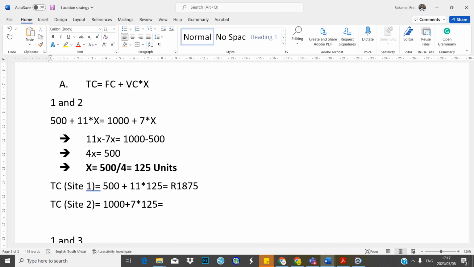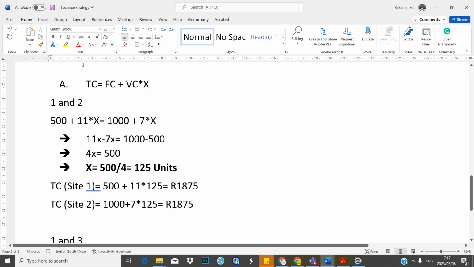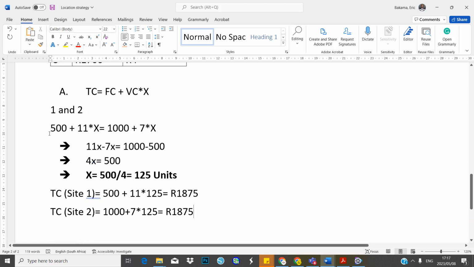So I have 7 times 125 plus 1000, which gives you again the same value, which is 1875. So this means as long as a company is producing 125 units, there's no difference between site 1 and site 2. So we're going to use the same principle to work between site 1 and site 3.